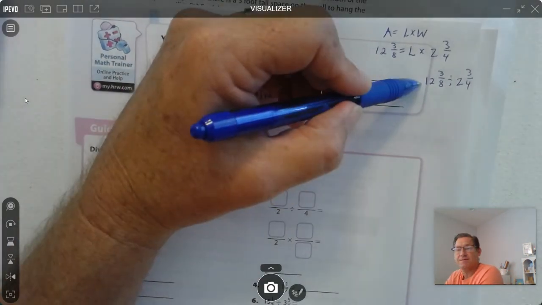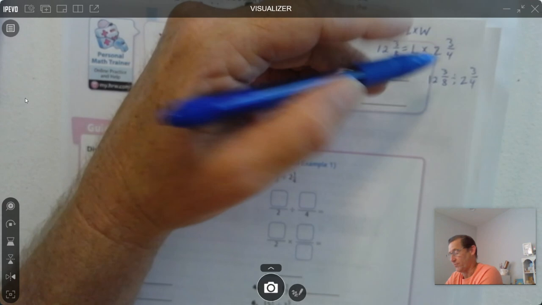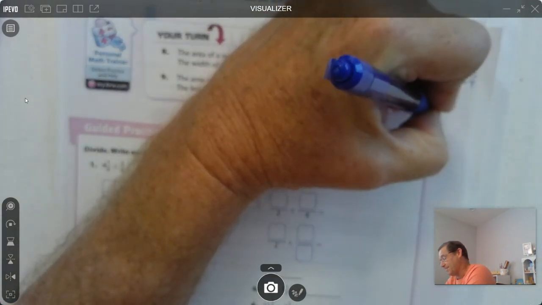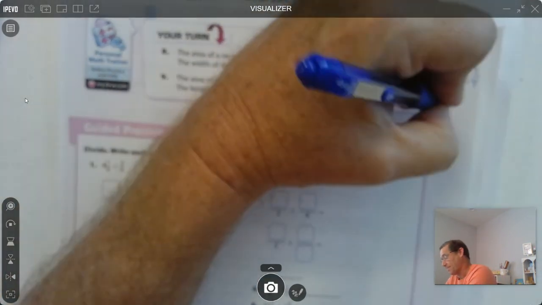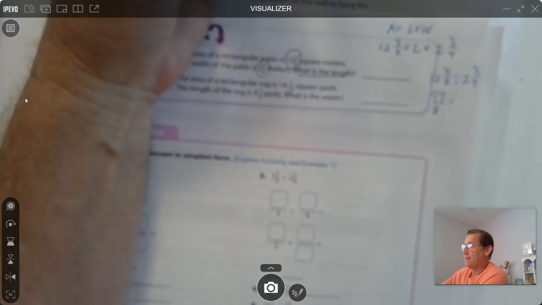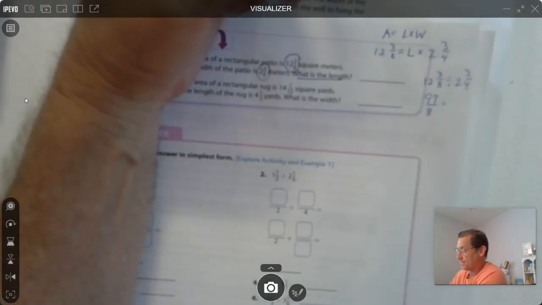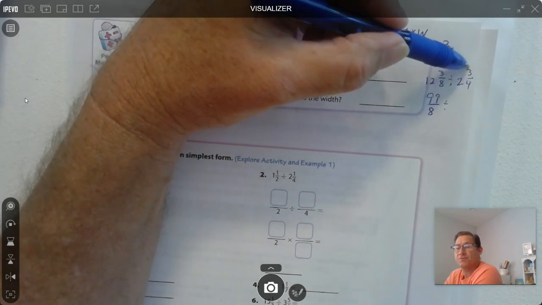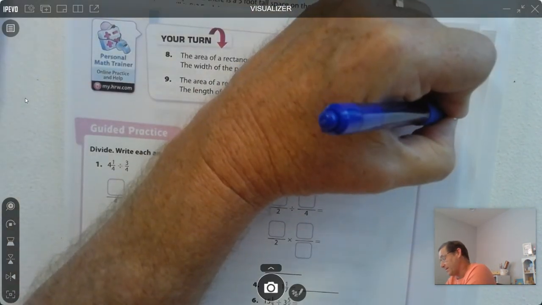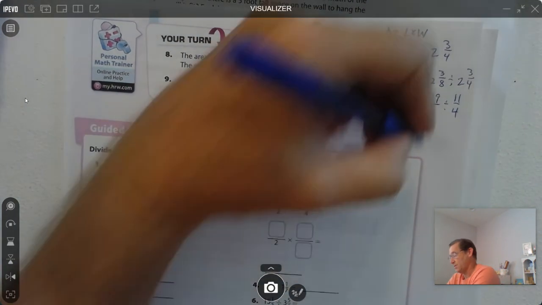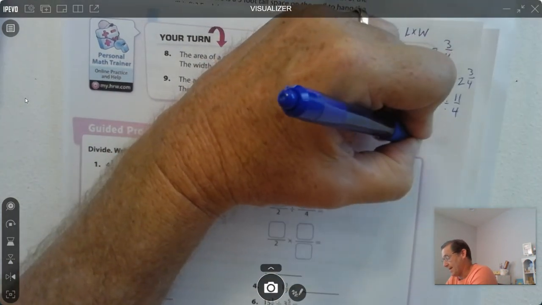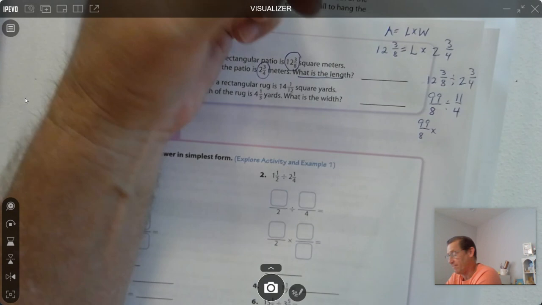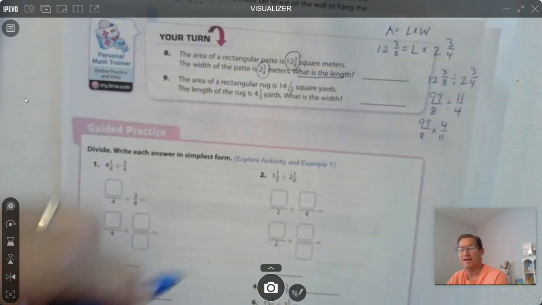Okay, so 12 times 8 is 96, plus 3 more is 99 eighths. And 2 times 4 is 8, plus 3 more is 11 fourths. So multiply 99 eighths by the reciprocal of 11 fourths, 4 elevenths.